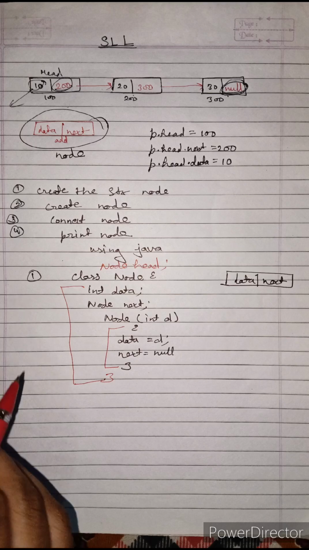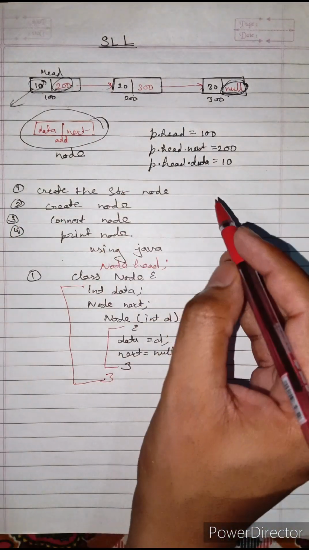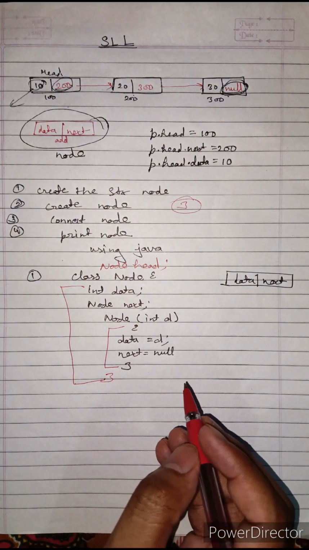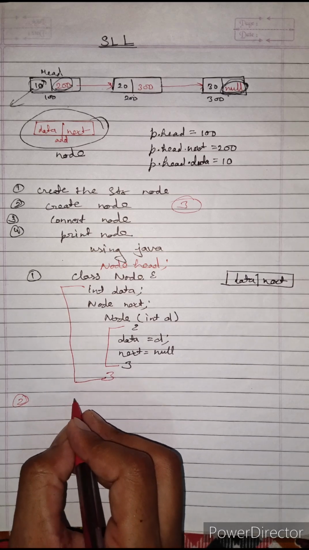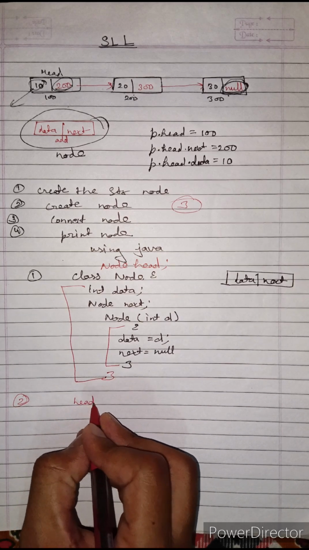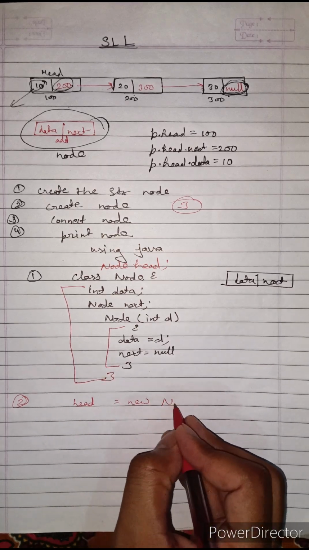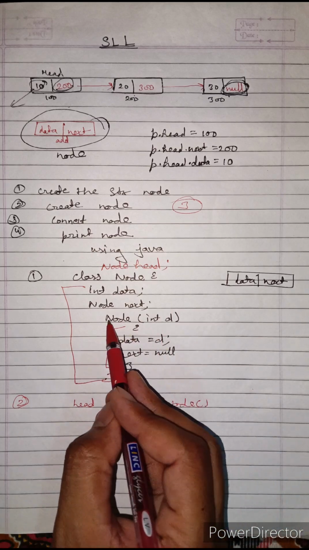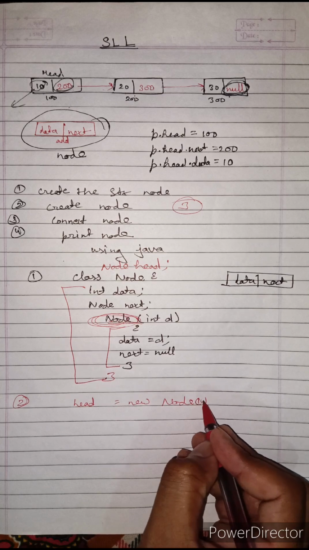Now we are going to create the nodes. For the simple linked list, I'm going to create three nodes, and we will store values inside the nodes. So step 2: how are we going to create the three nodes? Head, which means the first node, equals new Node, and I'm passing 10 here.